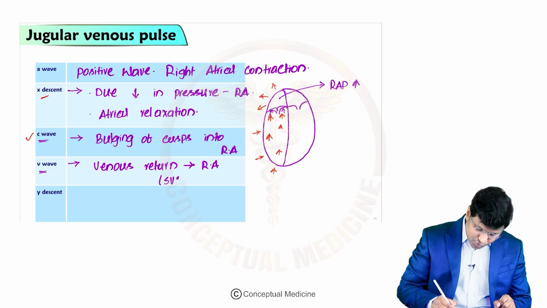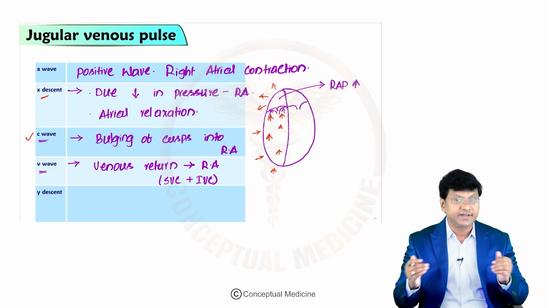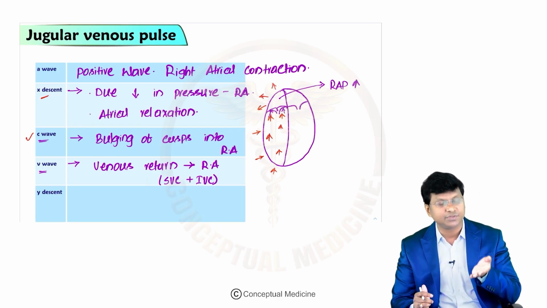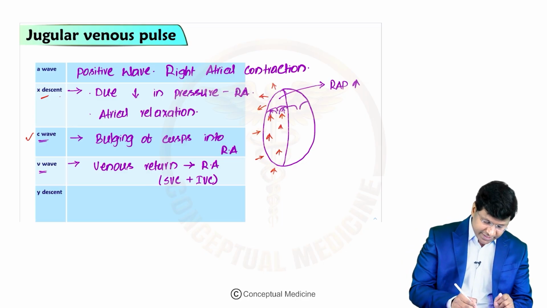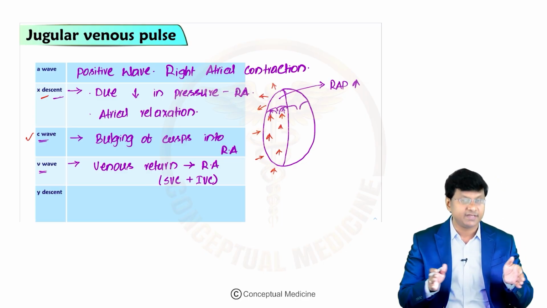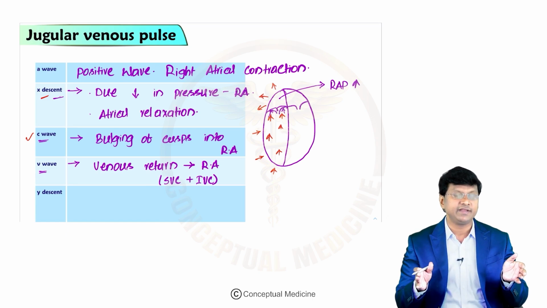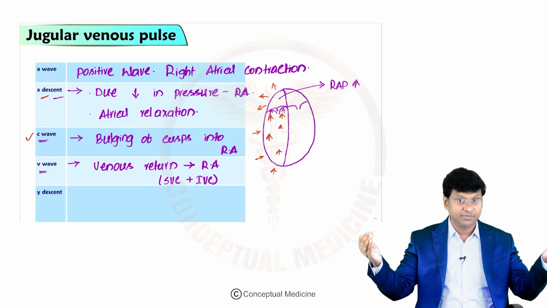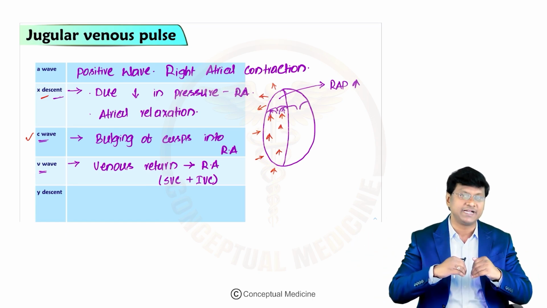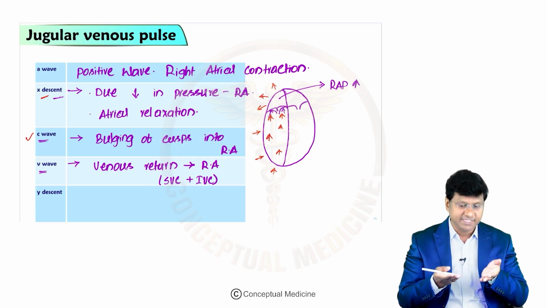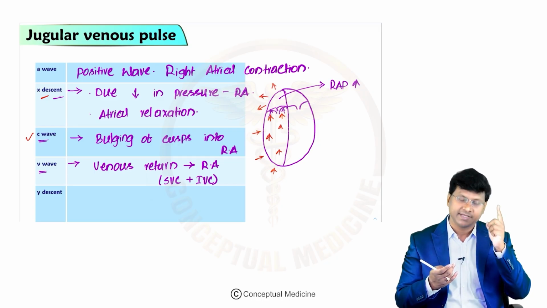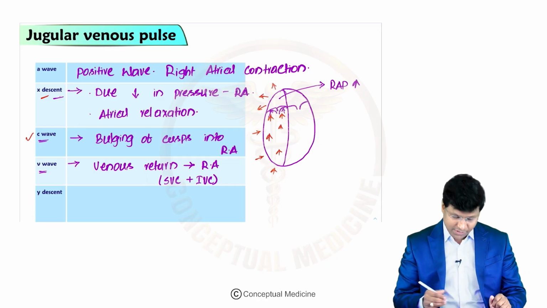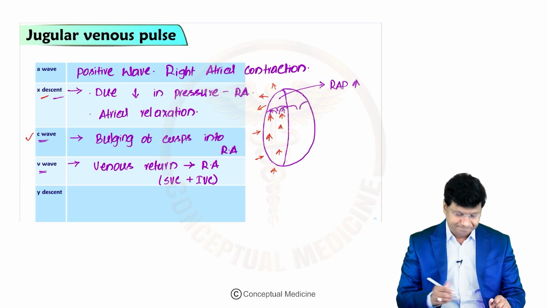It is both superior vena cava and the inferior vena cava. They will drain the venous blood, and thereby what will happen to the pressure within the right atria? Increases. So you have to understand the sequence. Initially you had an X wave, that is atria has been relaxed, and after the atria has been relaxed, the SVC and IVC will drain its venous blood, and thereby the pressure within the right atria increases, and that will be reflected into the jugular vein, and thereby you will have a V wave. So V wave is due to venous return.